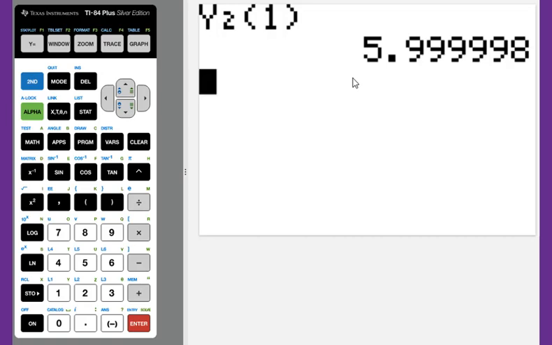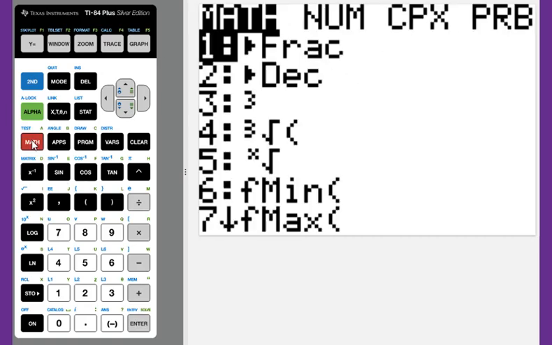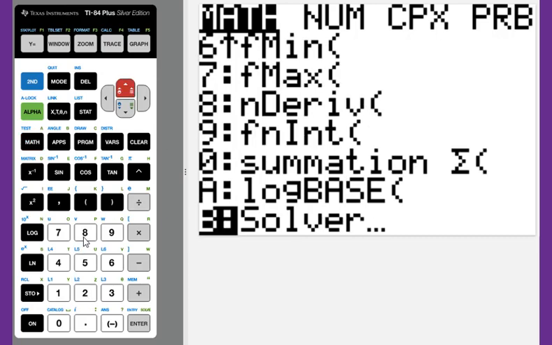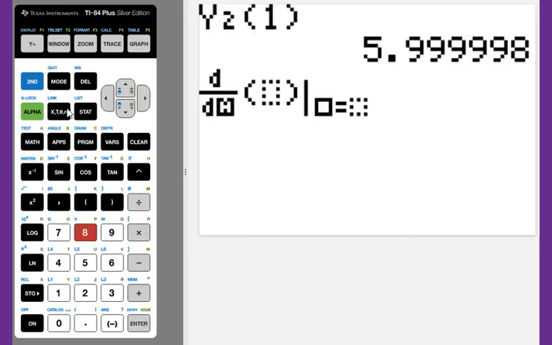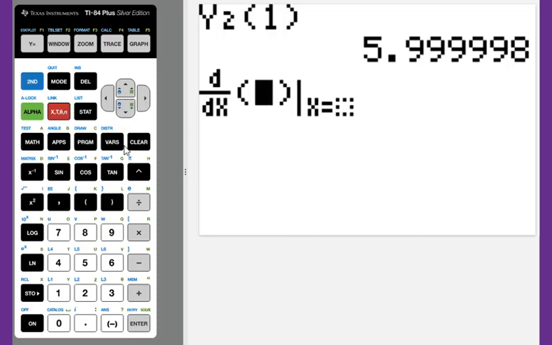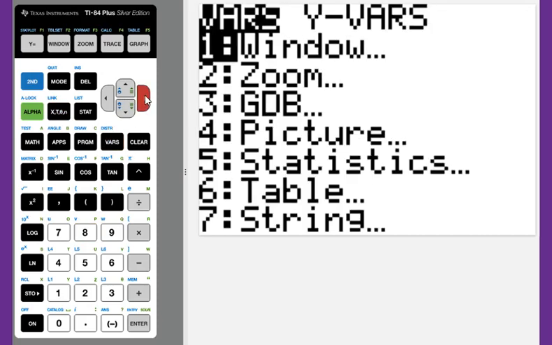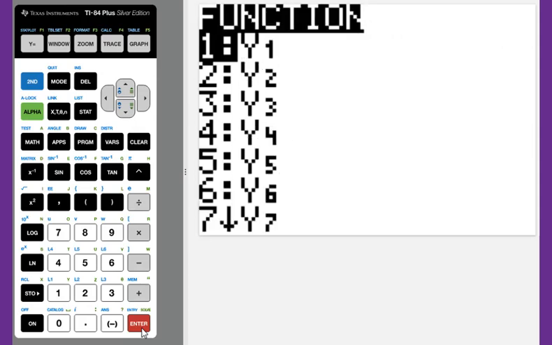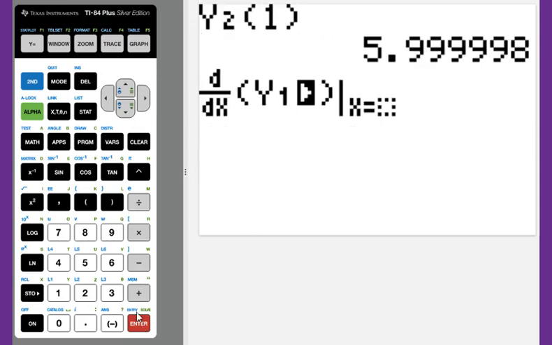Another way to do this will be math. We get the derivative, that's 8. Then this time, you need to put y1 because we put the original function into y1. Then put x equals 1. You will get the same answer.